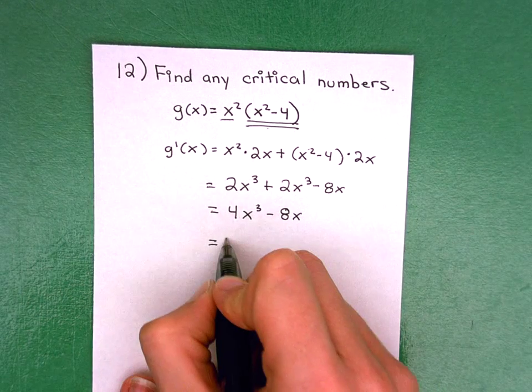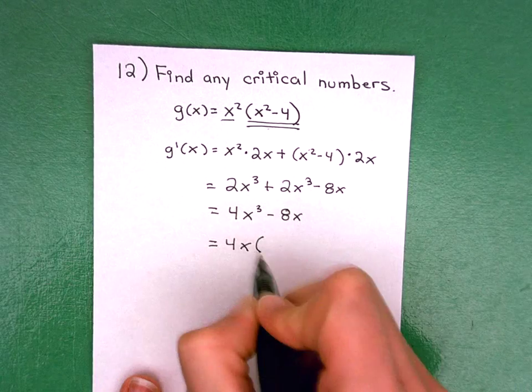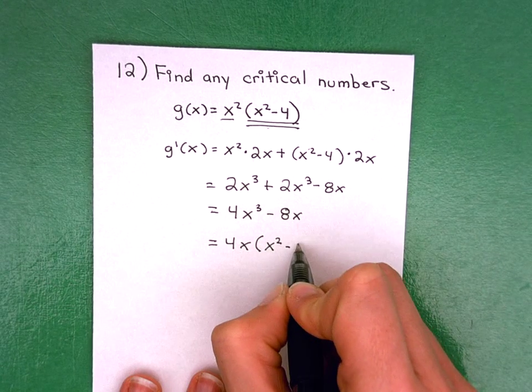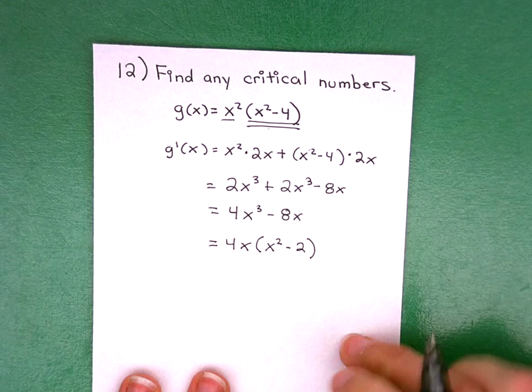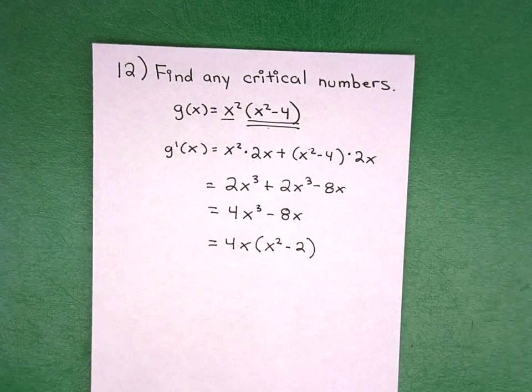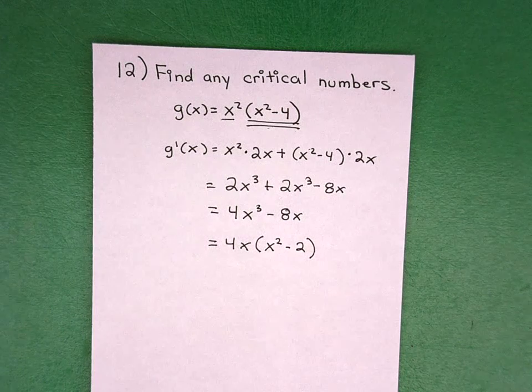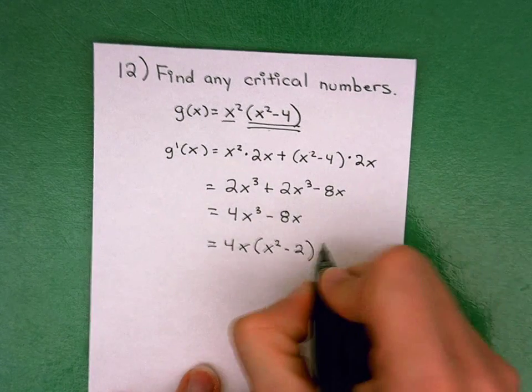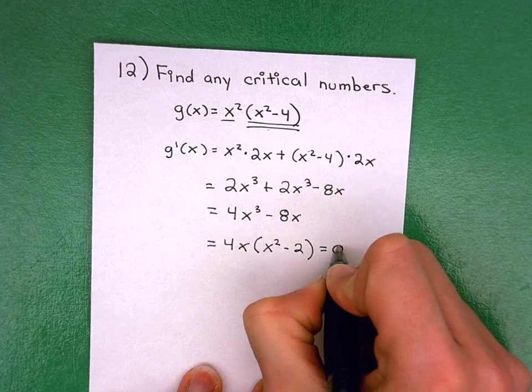I have a 4x I could pull out, which will leave me with x squared minus 2. Okay, so now that we've taken our derivative, we are going to go ahead and set this equal to 0.